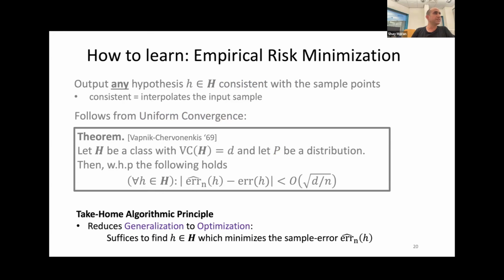If you minimize the sample error, then you also approximately minimize the population error. This is sometimes called Occam's razor. You take the simplest explanation you can, and it's as good as any. The simplest explanation is just consistency with the sample.